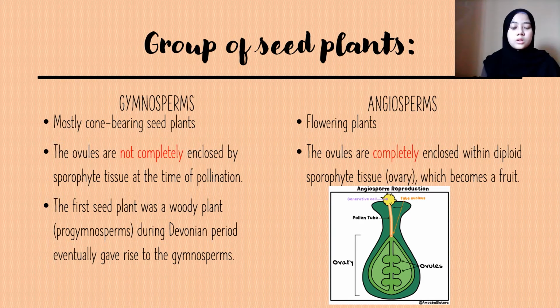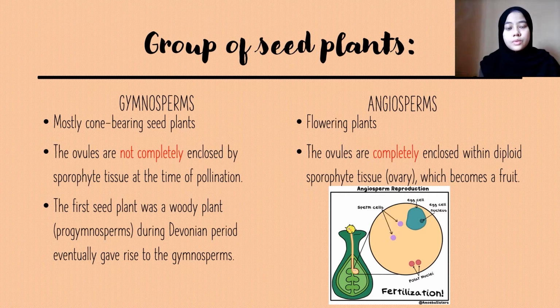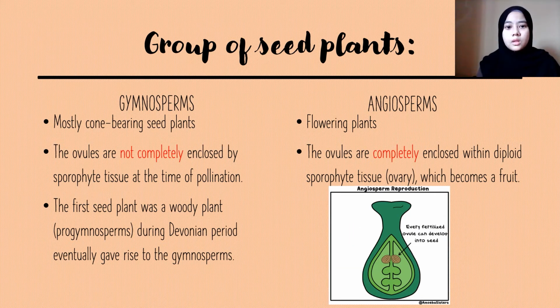If you want to know, the first seed plant was a woody plant named progymnosperms during the Devonian period, which will eventually give rise to the gymnosperms. So that's all from me. I will pass to the next presenter.